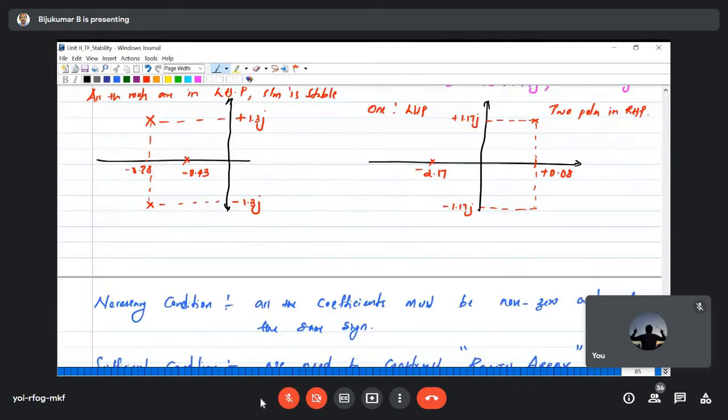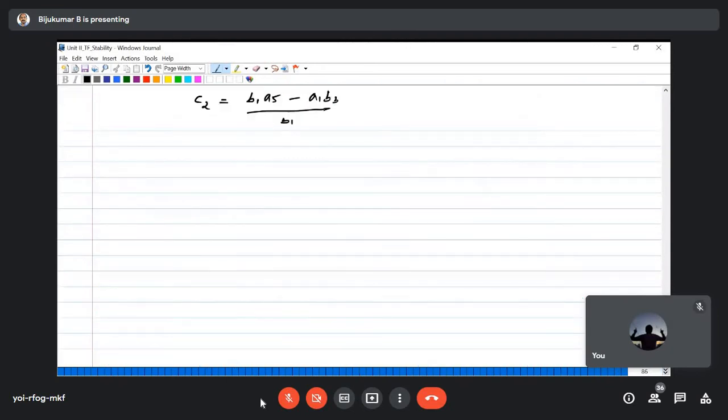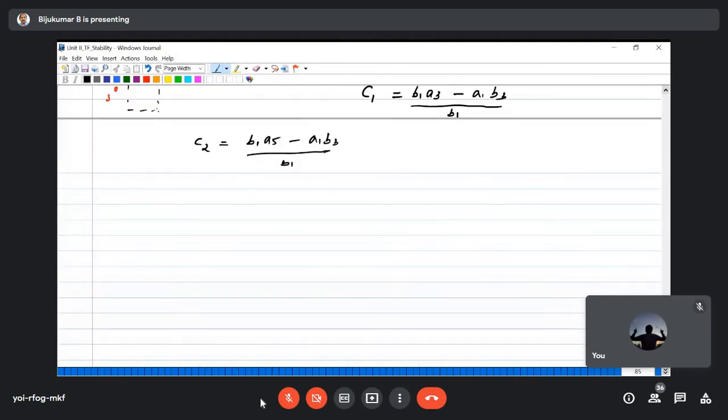Clear? So after constructing the Routh array, you take the first column and check whether any sign changes occurred in it. For a stable system, the number of sign changes should be 0. There should not be any sign change, meaning plus to minus or minus to plus. So if there is no sign change, it means that all the poles are located in the LHP.